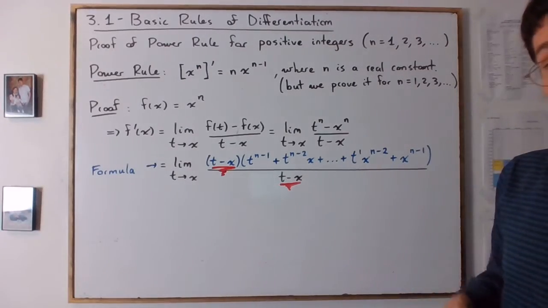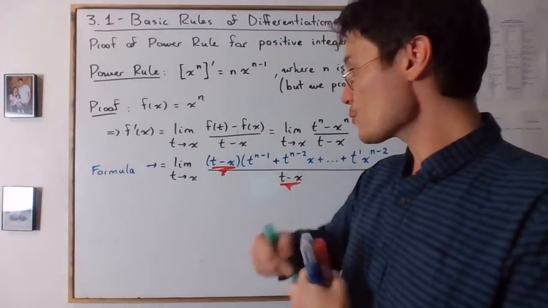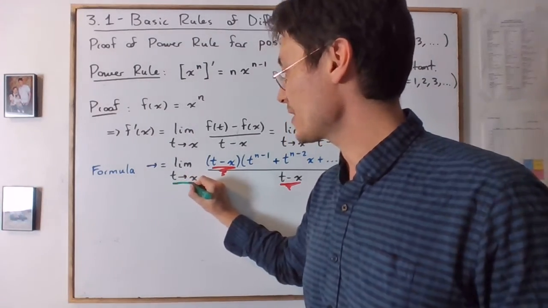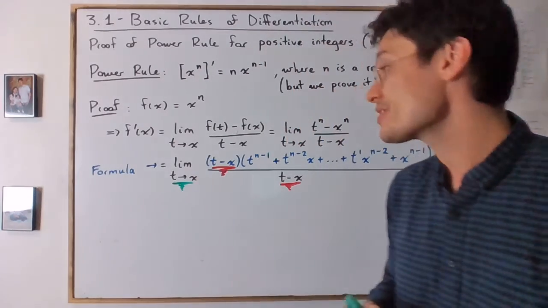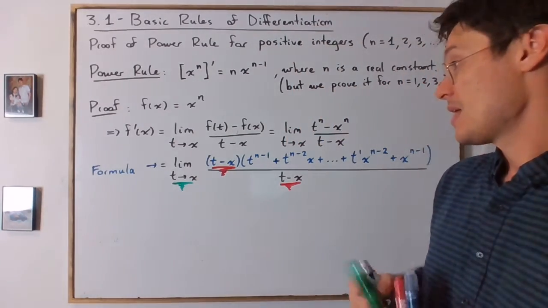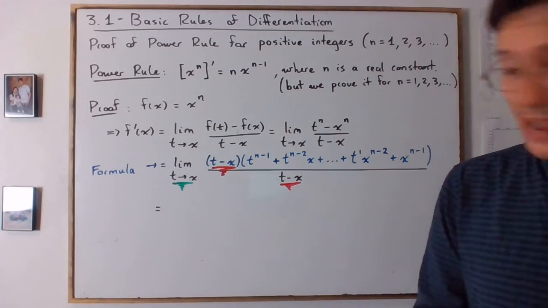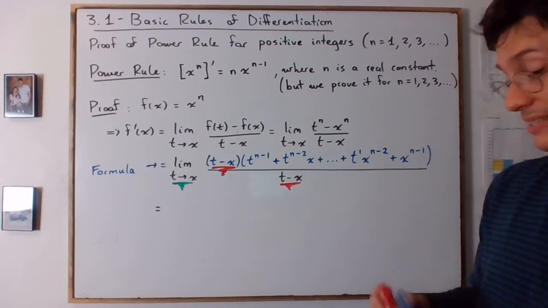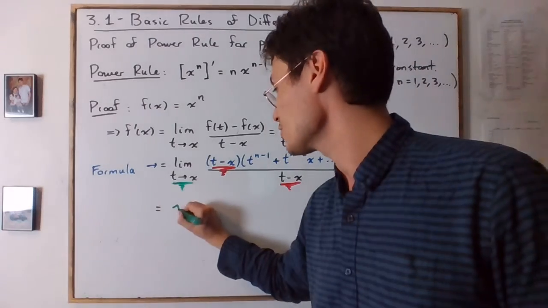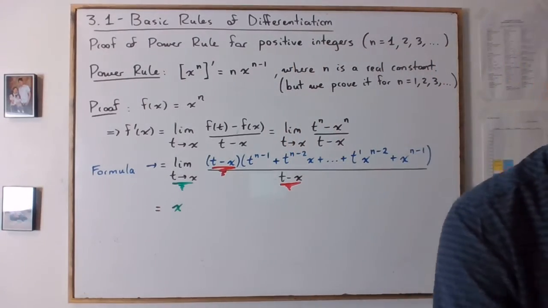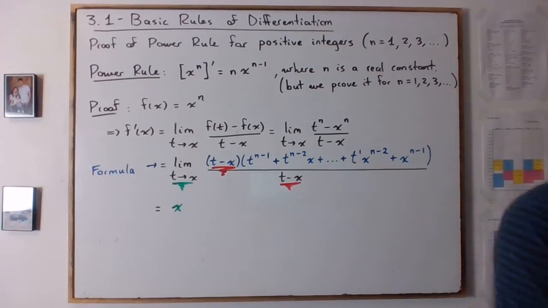Once the redundant factors are canceled, you're going to replace t with x. Remember, this is the direct substitution step. As we do this, this is what we get. Every time I see t here, I will replace it with x, but I won't go too fast. The only thing I will do is the direct substitution.